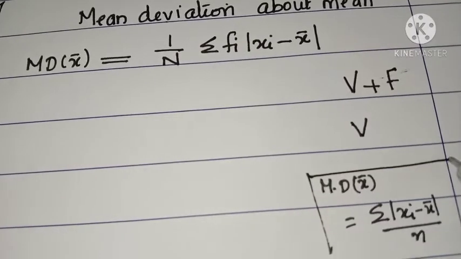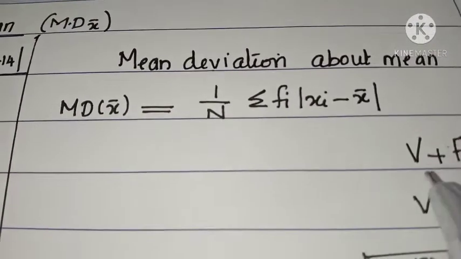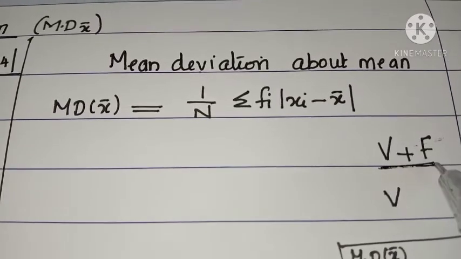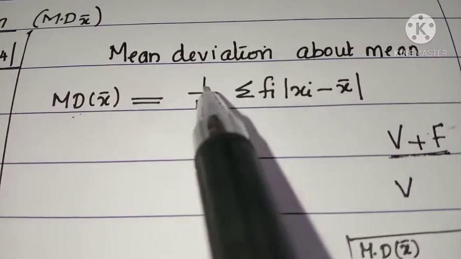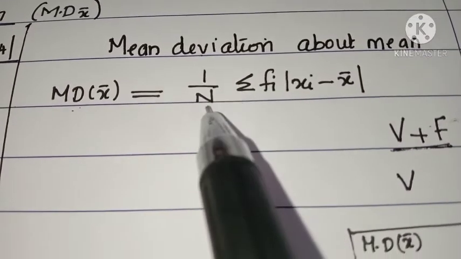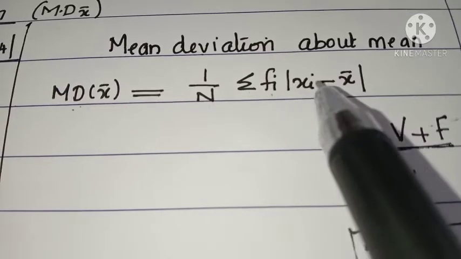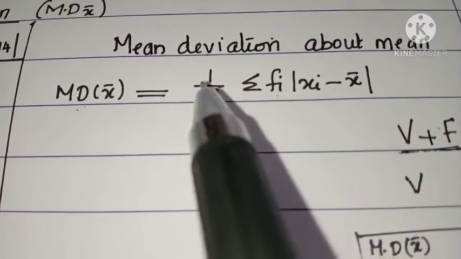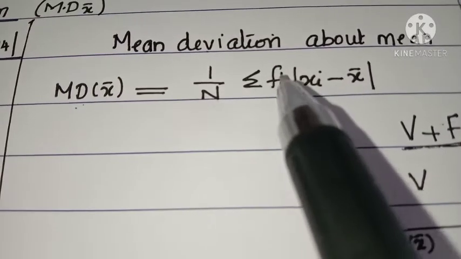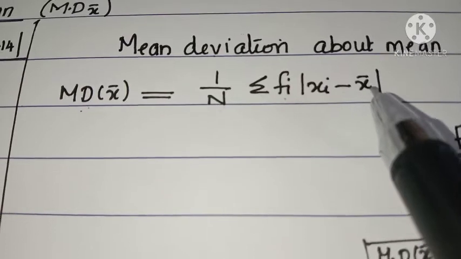But when values and frequency both are given, in this case mean deviation about mean is obtained by using 1 by n into sigma fi into mod xi minus x bar.